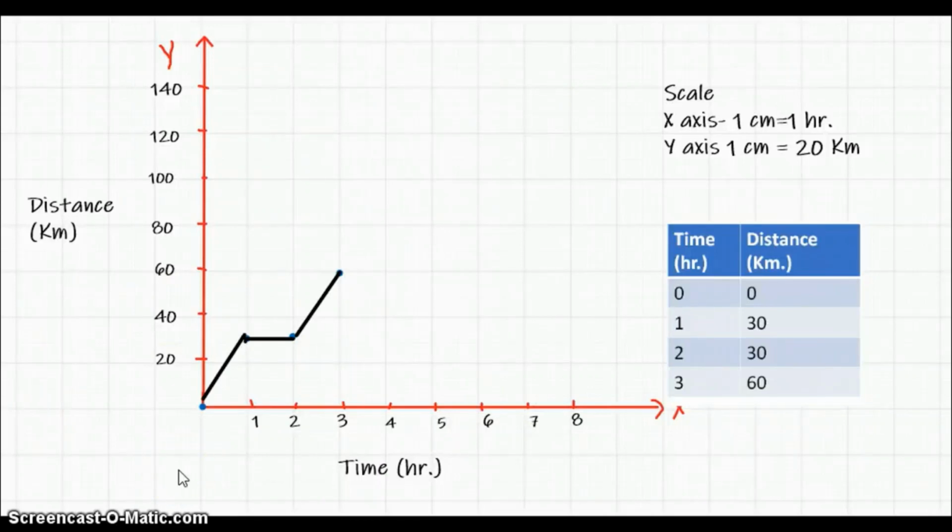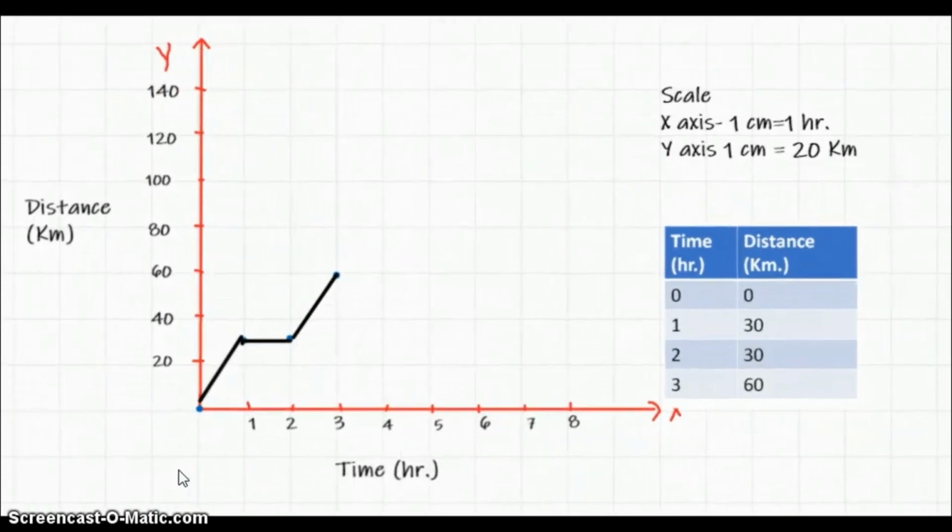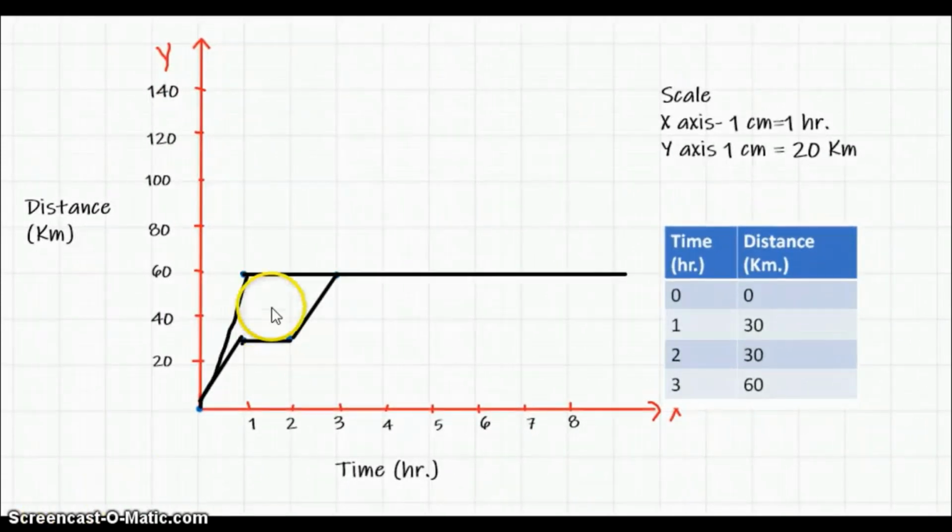Okay, let me draw this type of a graph in which the vehicle, for the first hour, moved 60 kilometers, and then a line parallel to the x-axis is there. Then this straight line suggests the vehicle is at rest. It is not moving at all.